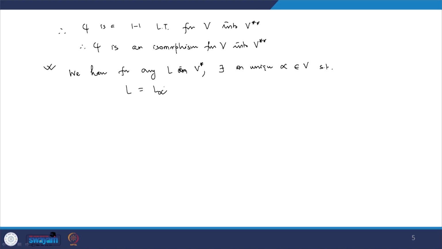So, whenever you consider L, it is basically an element in V double star. So, definitely there will be an element in V.